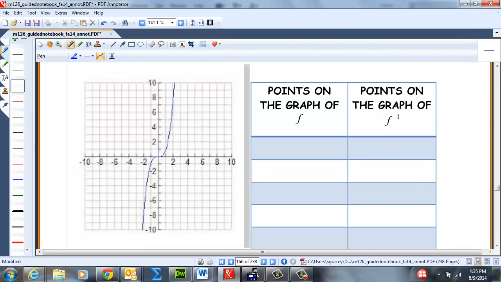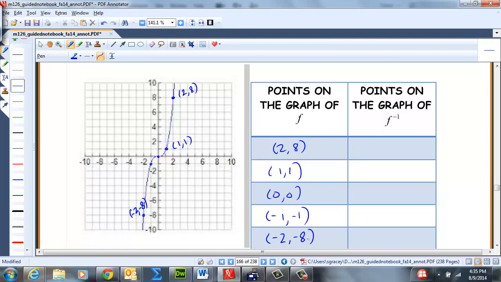This one looks to be 2, 8. This guy seems to be 1, 1. Right here I'm seeing 0, 0. You can probably guess what graph this is. And then down here we have -2, -8.